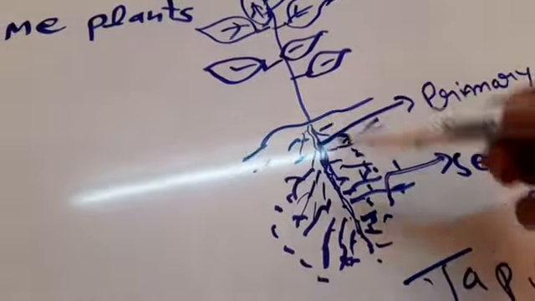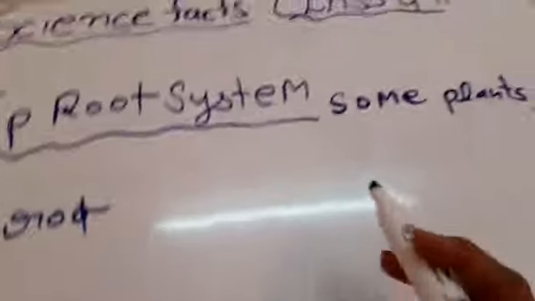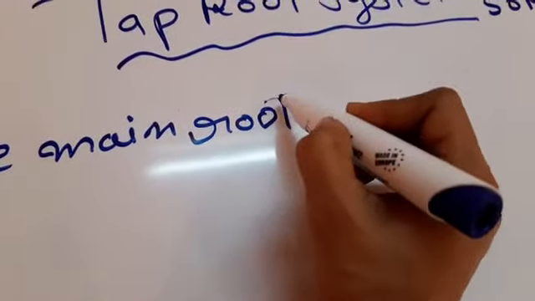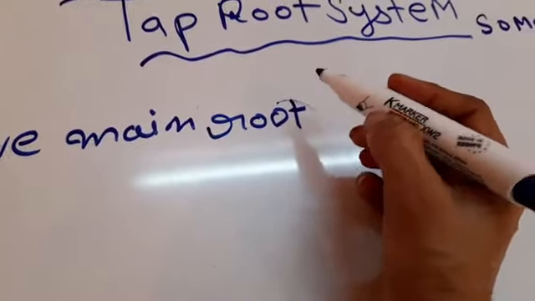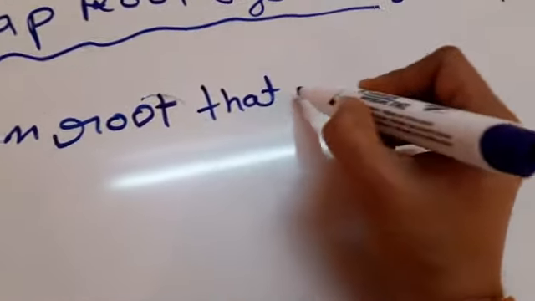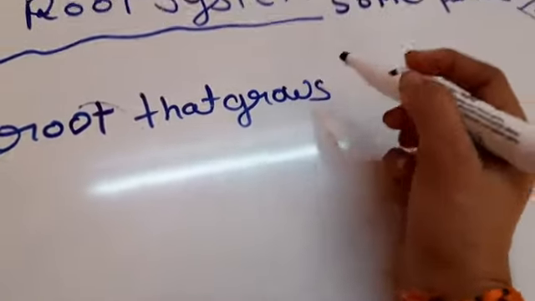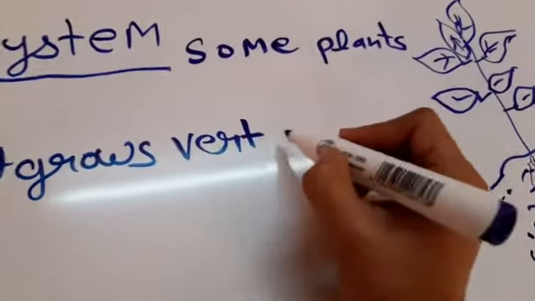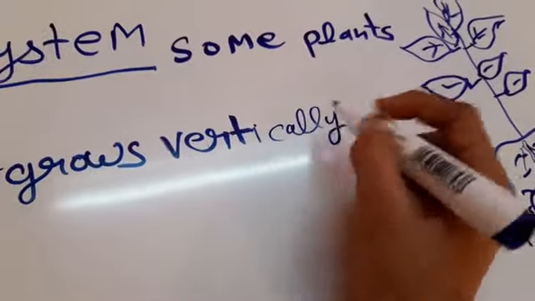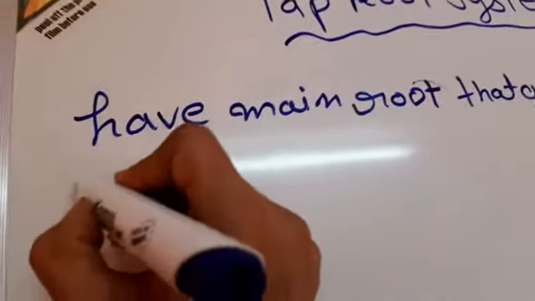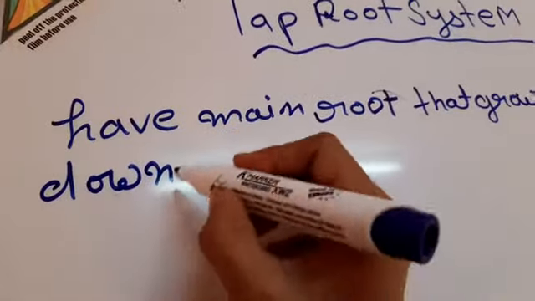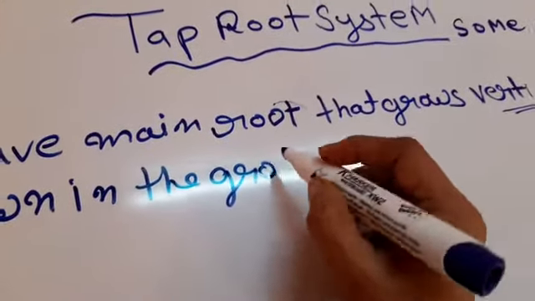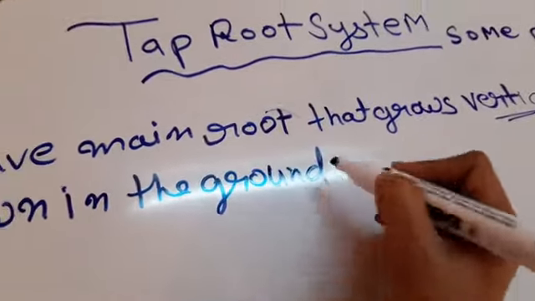This is a main root that grows vertically down in the ground.